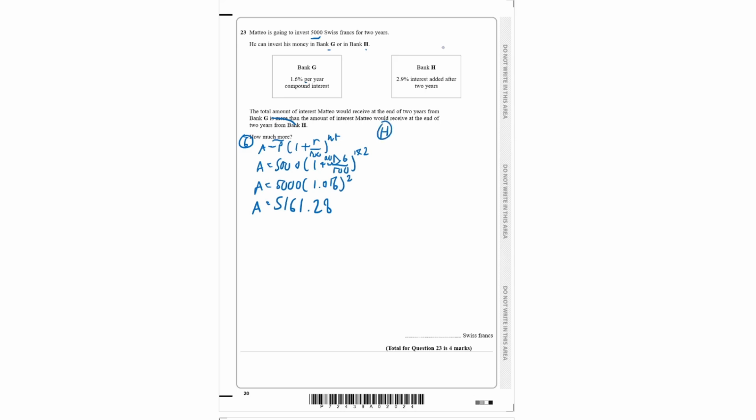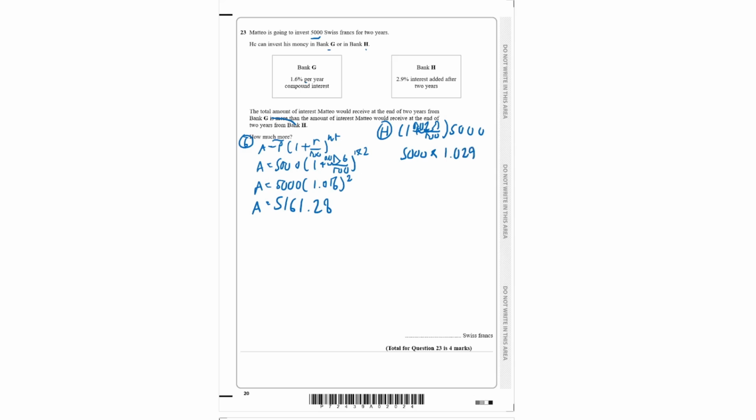2.9% interest is added after 2 years, so we know that it's added after. So we can simply put 1 plus the interest rate, which is 2.9 over 100, times the initial amount, which is 5,000. We can simplify this to 5,000 times 1.029, since 2.9 divided by 100 is 0.029, and we add 1.